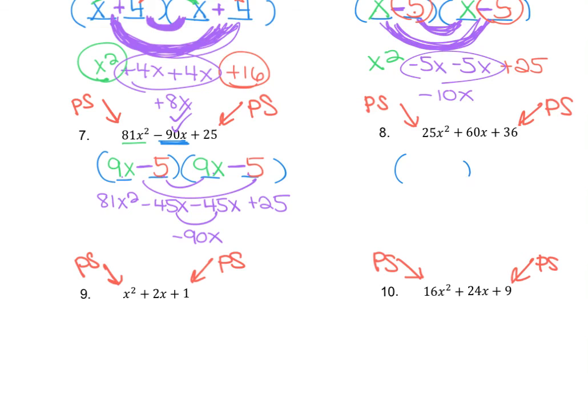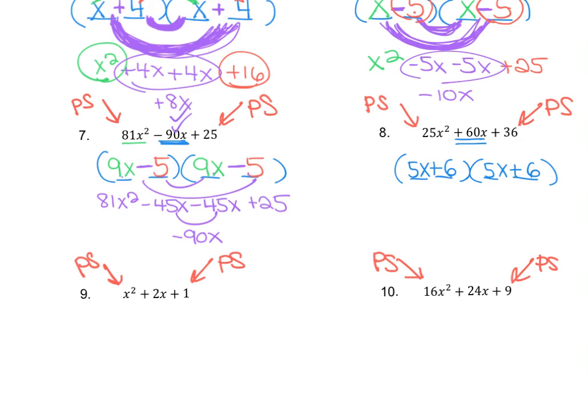All right. Next one. 25x squared is going to give me 5x and 5x. 36 is going to give me 6 and 6. Positive 60x is going to give me a plus and a plus.